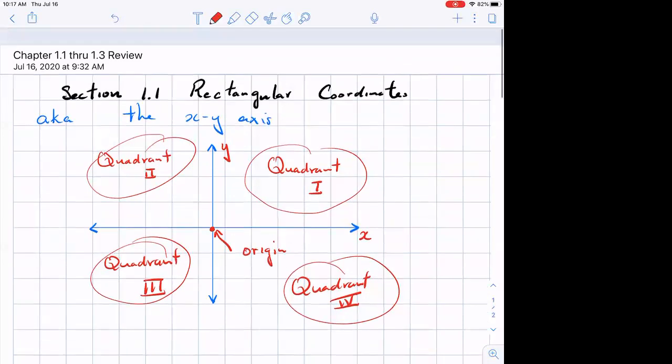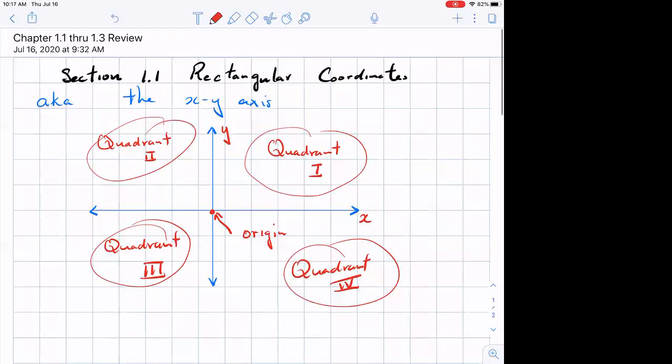No, but that's also another name for it, yes. So it's also called a Cartesian plane. The Cartesian plane.